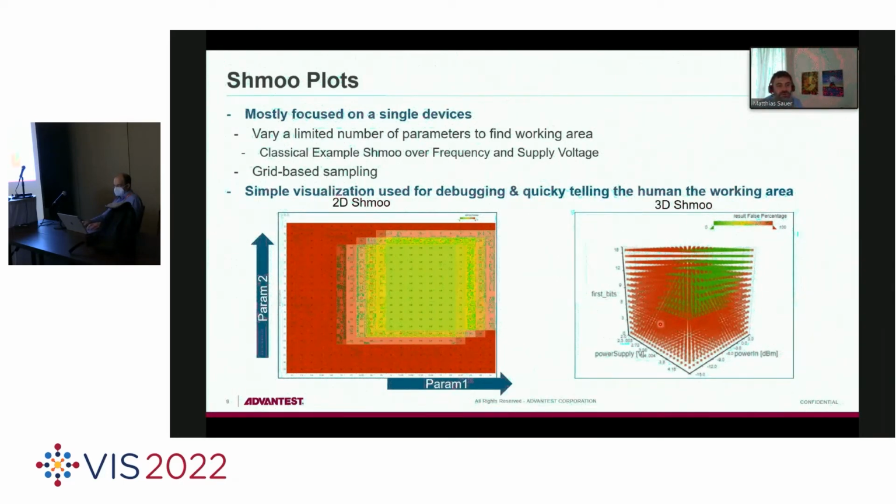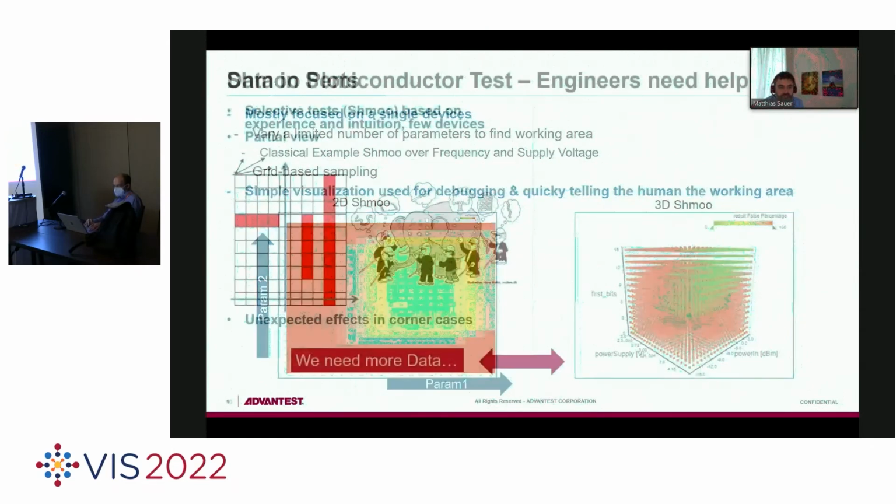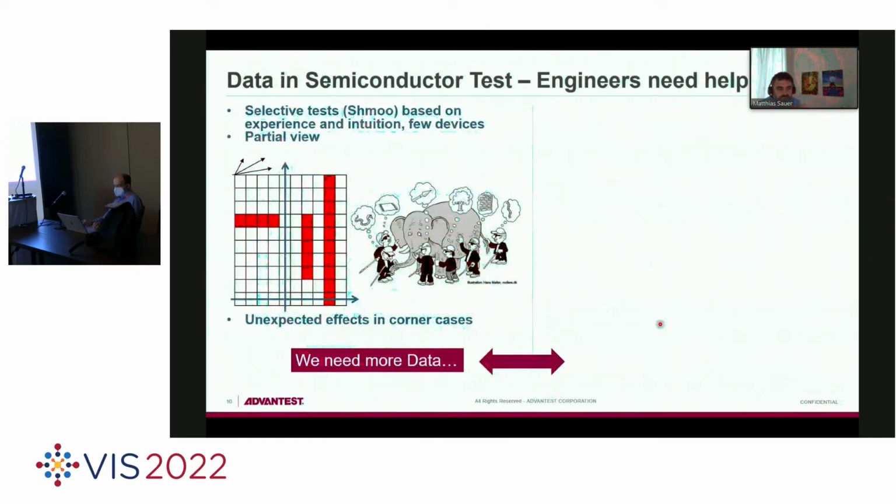But of course, these Shmoo plots have one major issue. There is always this challenge that, on the one hand, you need more data. When you look at your production, when you look at the device, when you try to understand what's happening, you really need to measure a lot.